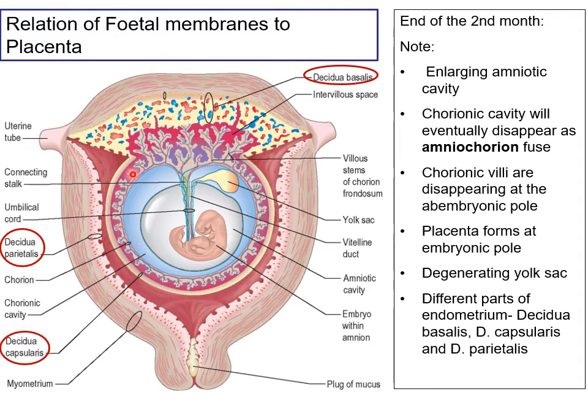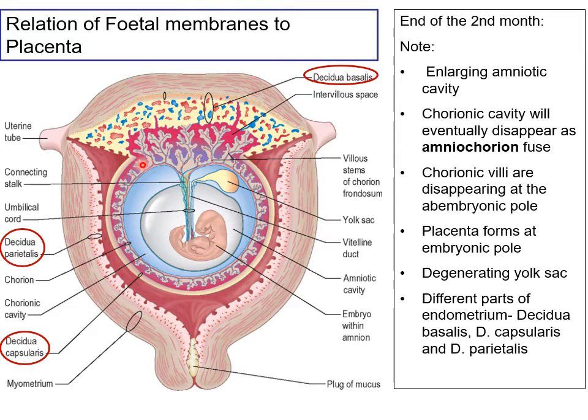Now note what's happened to the placenta. At the original site of implantation, the chorionic villi have grown, and so that is the fetal side of the placenta. The maternal side of the placenta is formed by decidua basalis. Okay. Now remember, chorionic villi had grown all around the chorion, but they don't grow that much except at the site of the placenta. So these shorter chorionic villi will ultimately disappear.